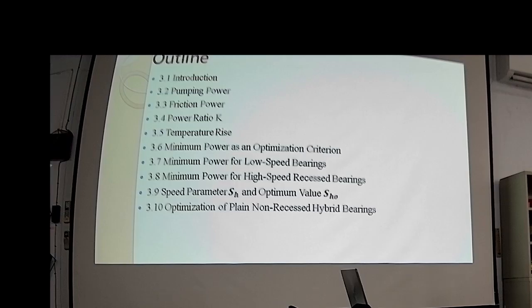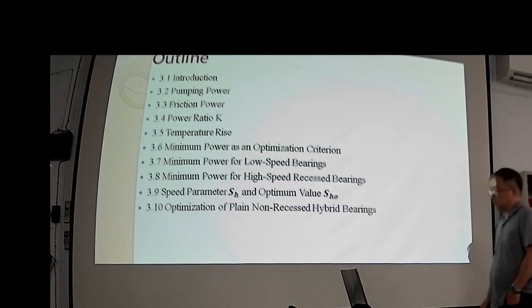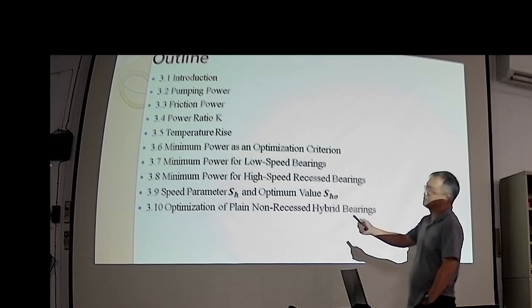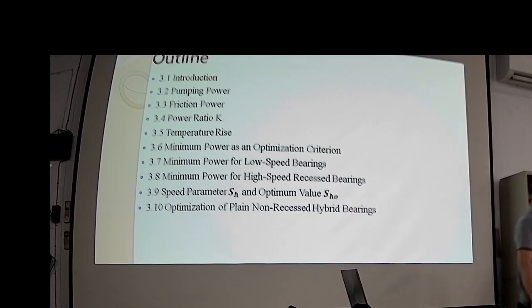So then we will have some design objectives for the hydrostatic bearing. So the first objective to design is the minimum power for the hydrostatic bearing design. Okay. And by using the power ratio K, we can classify the hydrostatic bearing into low speed bearing and high speed bearing.